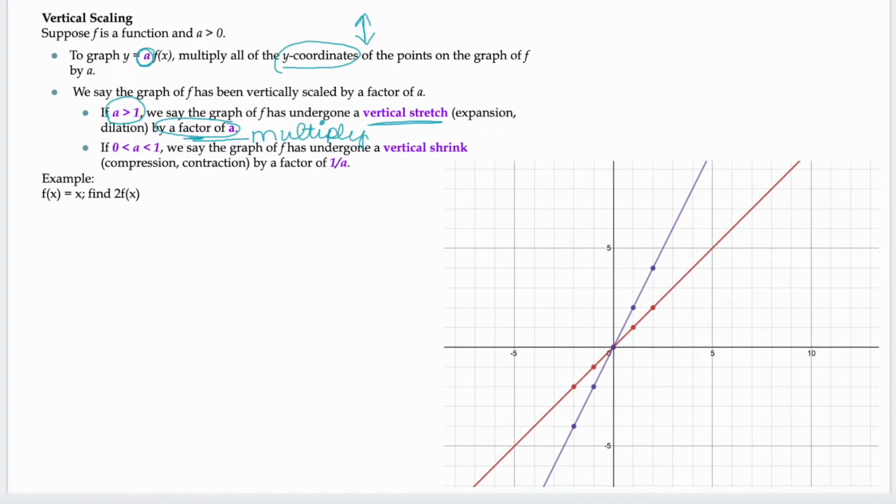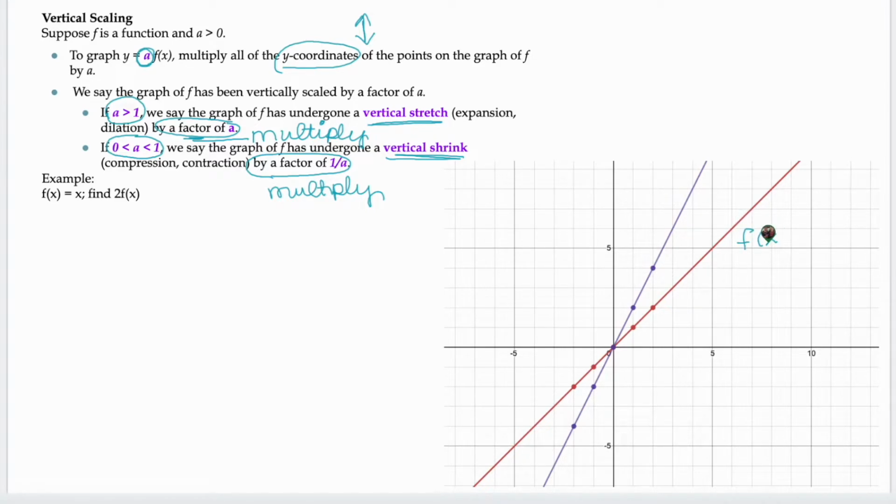However, if we have a fraction, so if our number is less than 1 but greater than 0, we are going to shrink. We're going to get smaller. So we will multiply our y-coordinates by 1 over whatever that number is. In this particular example, my red line is still f of x.